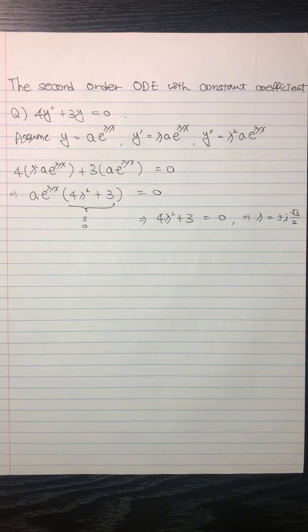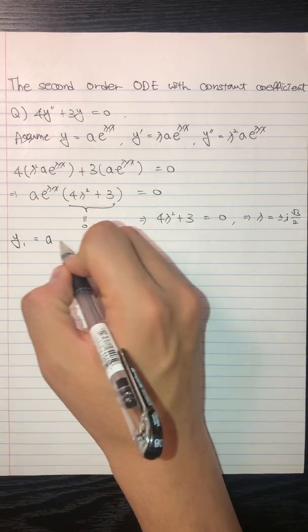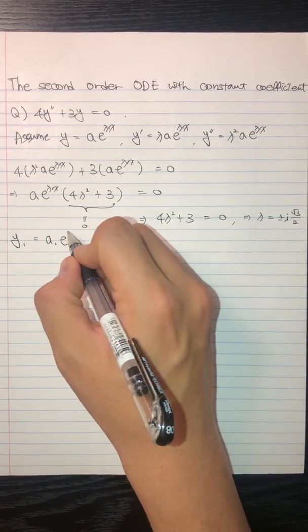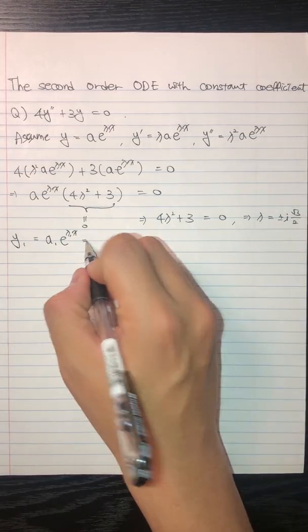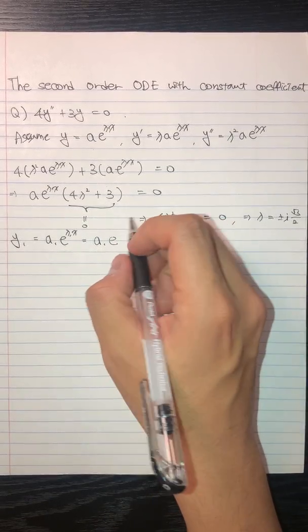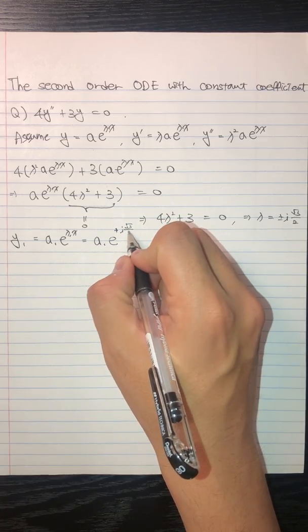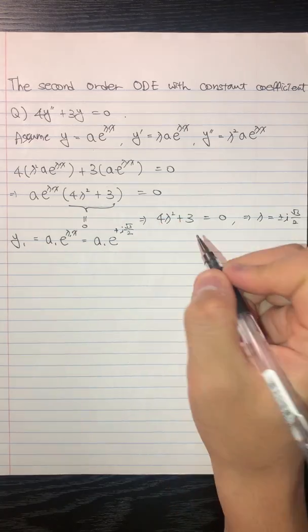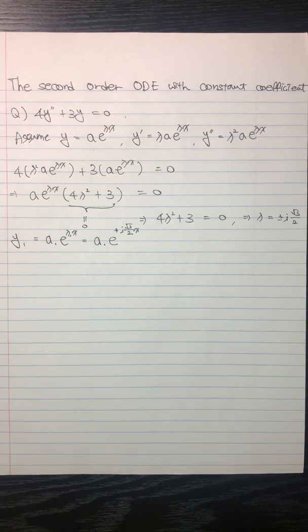Now, there are two types of answer for λ. The first one is y1 equal to a1 e^(λ1 x), so a1 e^(+i√3/2 x), right?